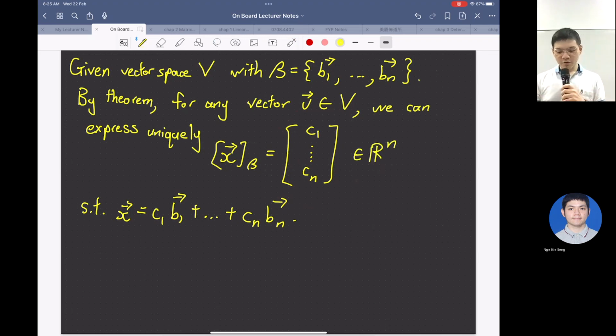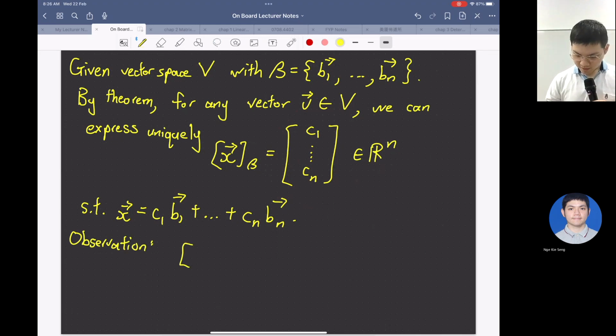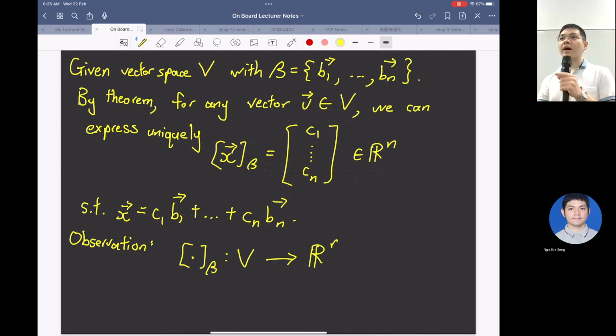So what you have is: I give you a vector in a vector space, and you give me a vector in Rn. So this is a mapping. This map is: I give you a thing in a vector space, you give me a thing in Rn.